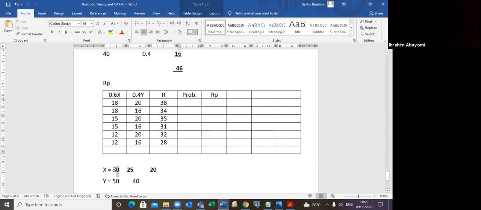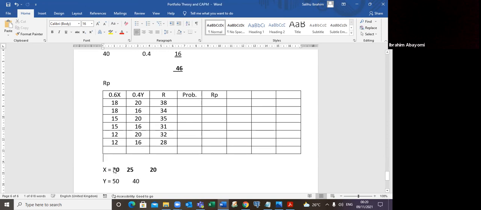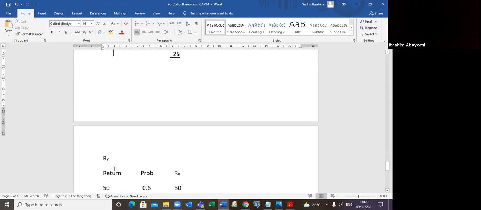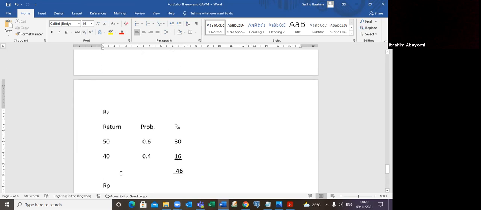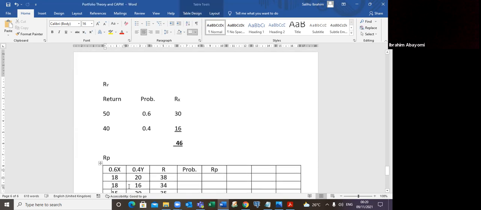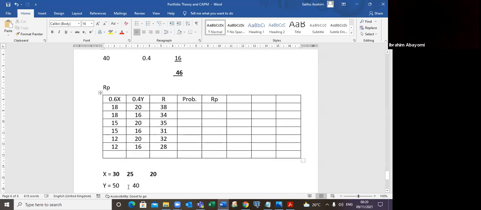Now, when we are considering 30, what is the probability of 30? 0.3. Then for 50, the probability of 50 is 0.6. So you multiply 0.3 by 0.6. Let me put it there as joint probability.